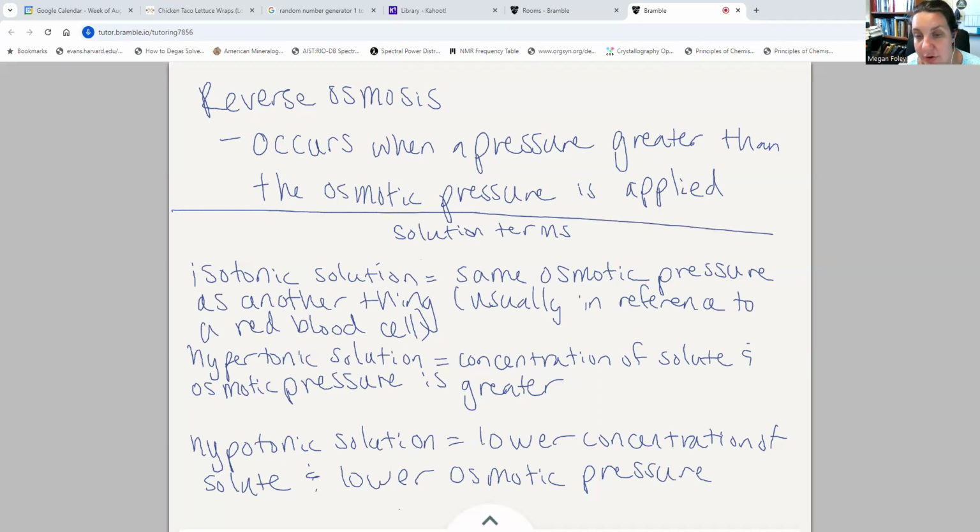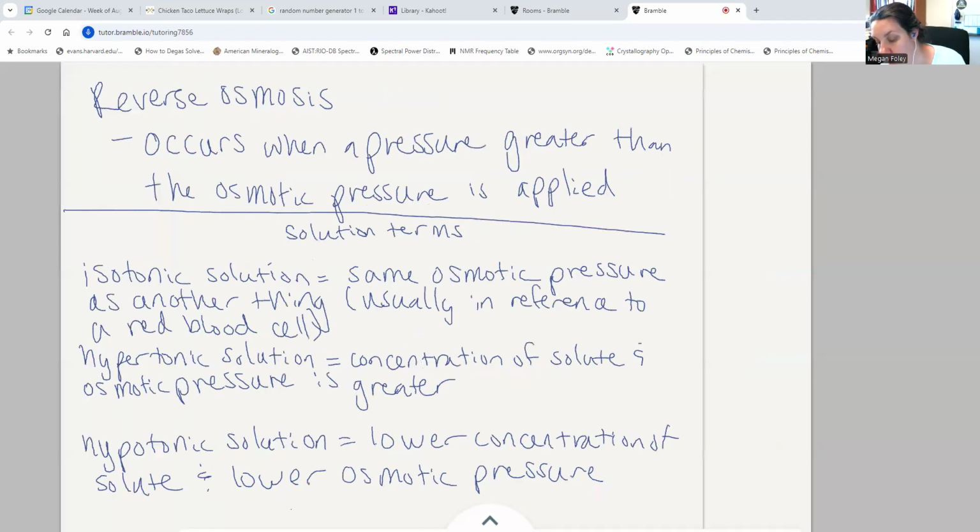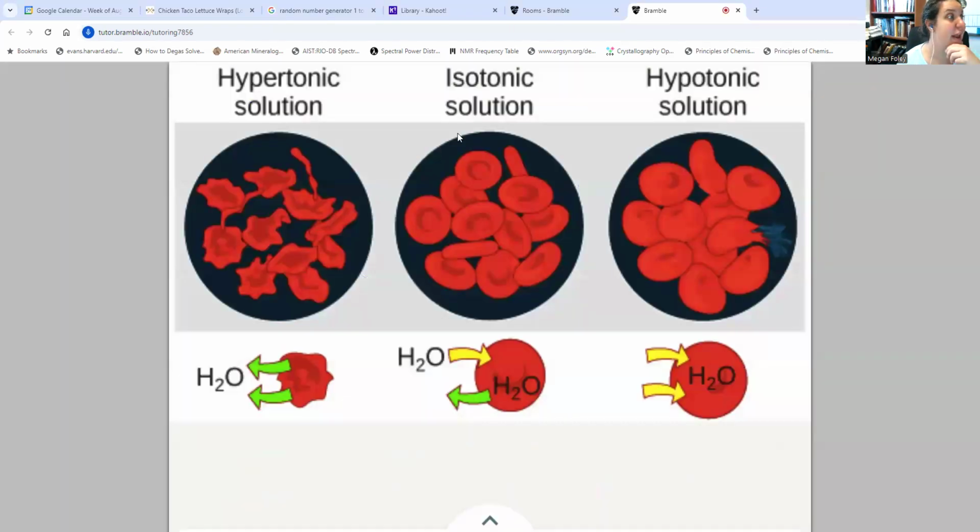So in terms of those solutions with red blood cells, if we have red blood cells in an isotonic solution, the flow of water in will be equal to the flow of water out. If we have red blood cells in a hypertonic solution, the water will leave the cells in order to try and get more concentration outside of the cell to equalize the concentrations.